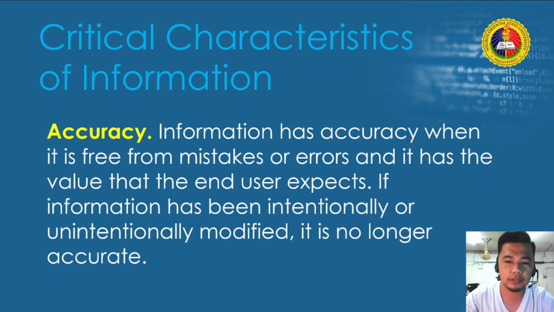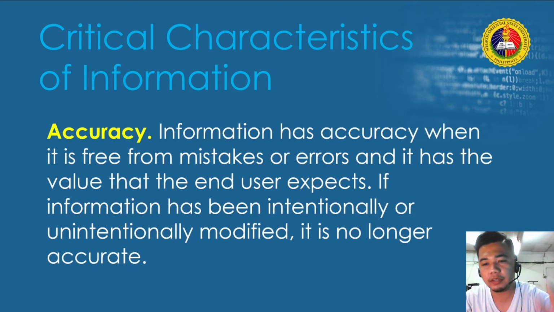Incorrect information in your checking account can result from external or internal errors. If a bank teller, for instance, mistakenly adds or subtracts too much money from your account, the value of the information is changed, right? If one or a few things have already been modified, then the accuracy, or the value of that information, is lost.